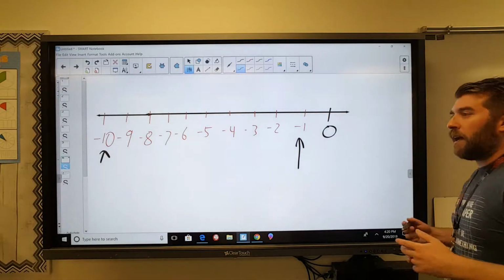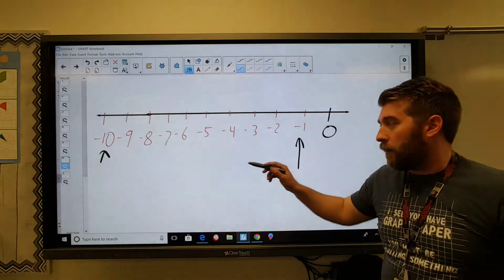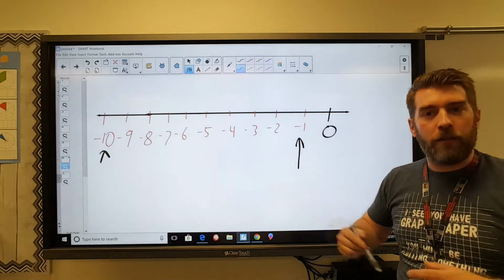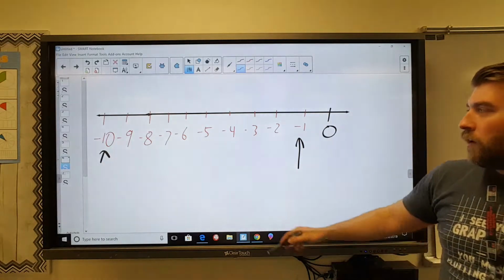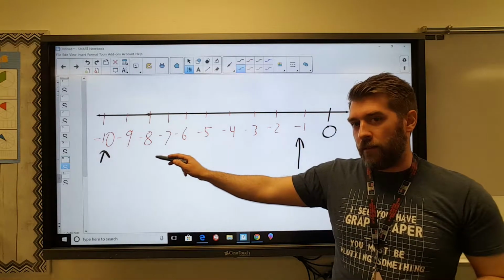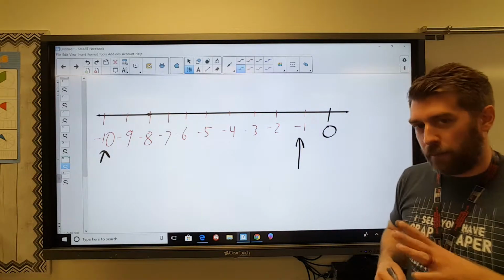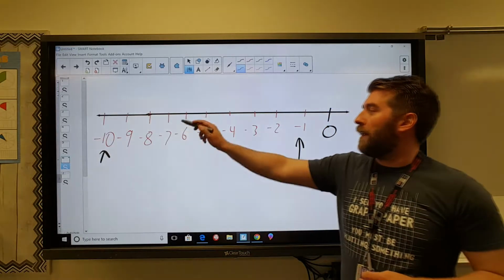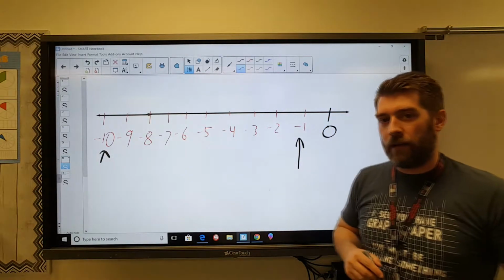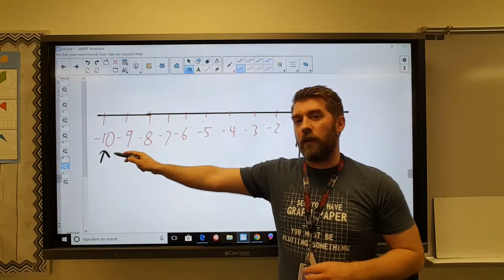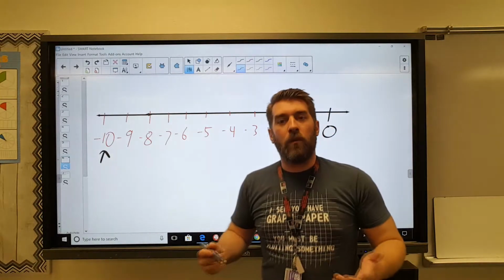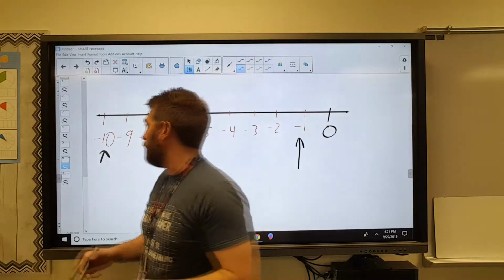Now, let me ask you a question. If I was to plot negative 12 on this number line, would it be less than or greater than negative 10? Think about what I'm saying. Well, the answer is it would be less than negative 10.